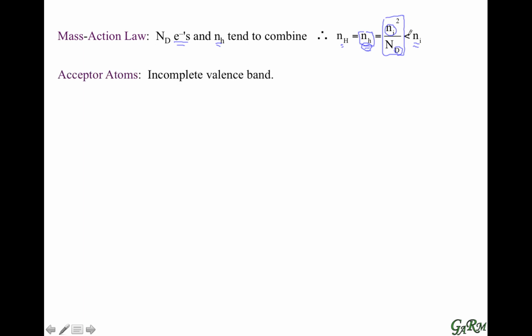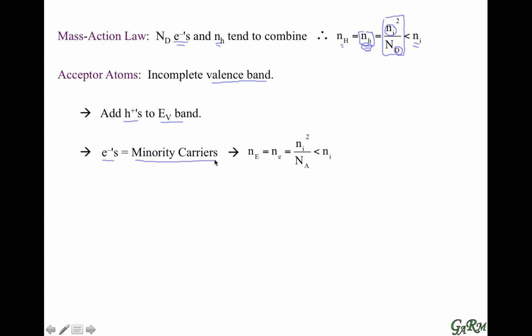Okay, so what are acceptor atoms? Those are atoms that have incomplete valence bands. That means that when added to a semiconductor, they're basically adding holes to the valence band. And that means that since we're adding so many holes, the electrons in that system become the minority carriers.